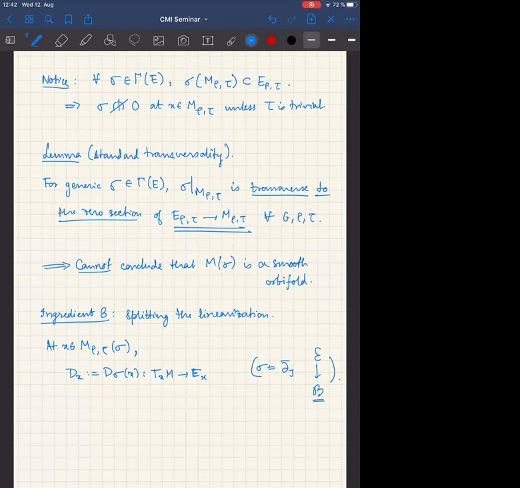Okay, so we have a linearized operator. And recall that theta I were the irreducible representations, and let di be the dimension of the irreducible representation.